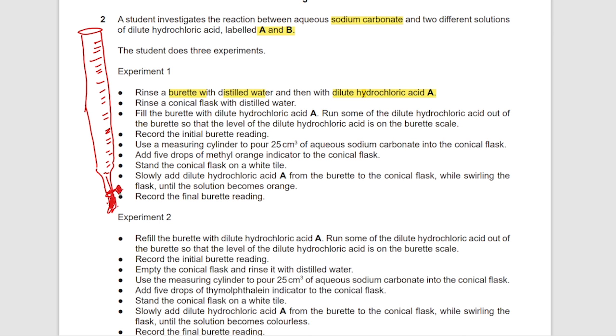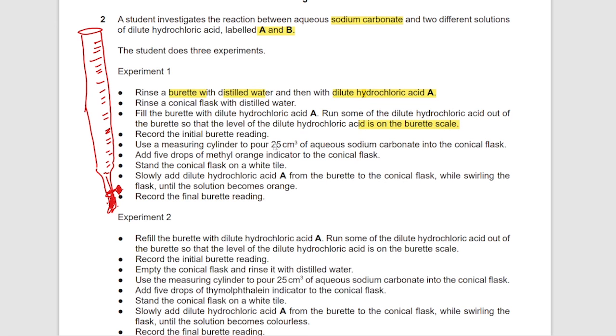So open it and run it. Why are we going to run some of the dilute hydrochloric acid out of the burette? So that the level of hydrochloric acid is on the burette scale. Due to this reason we will open it and run some of the acid to meet the level of the burette scale. Record the initial burette reading.